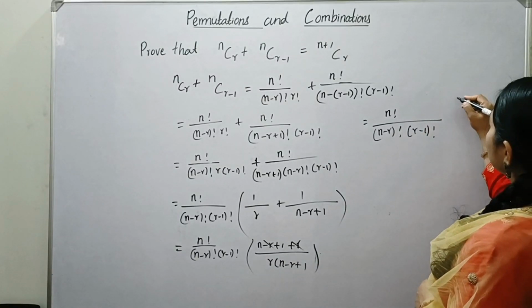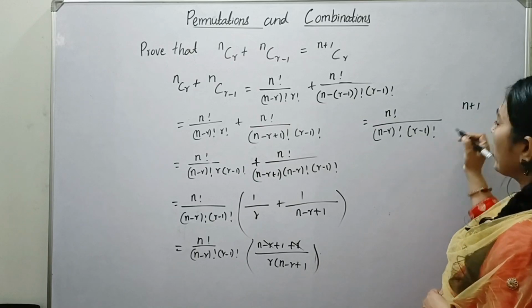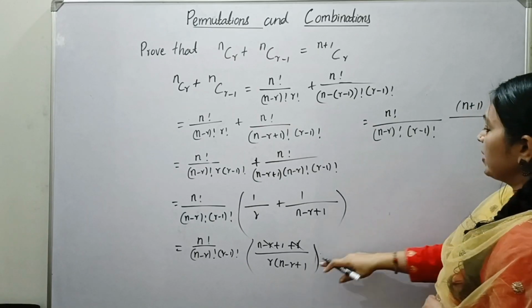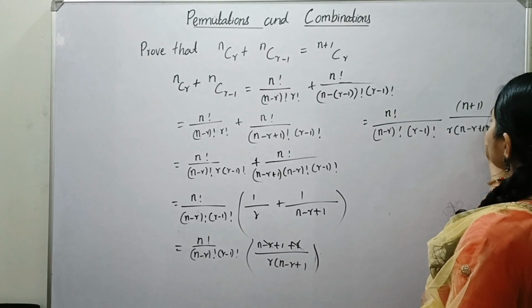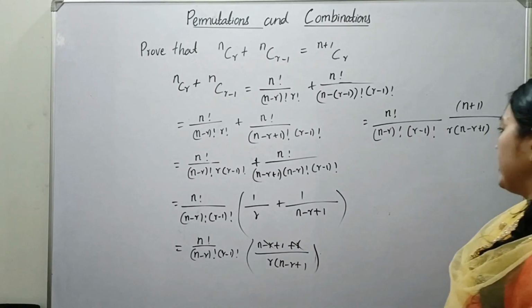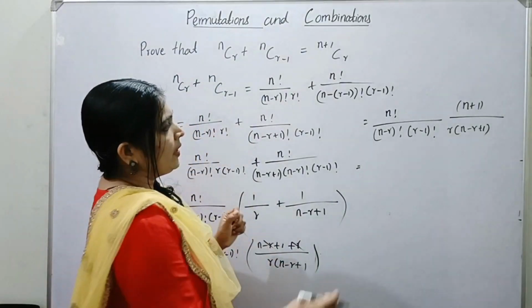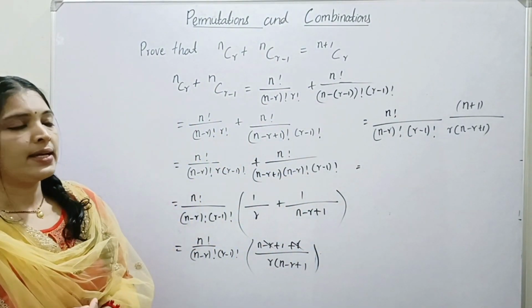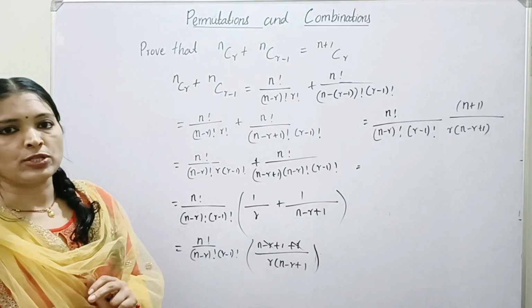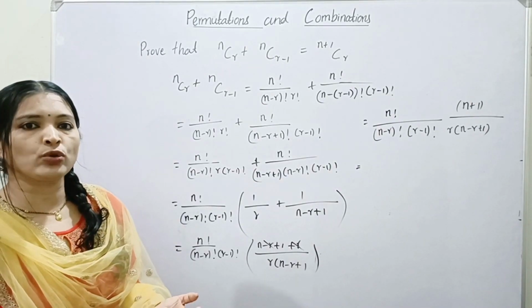Here remaining n plus 1, divided by r into n minus r plus 1. Then next multiply: n factorial into n plus 1. What is it? That is nothing but n plus 1 factorial.